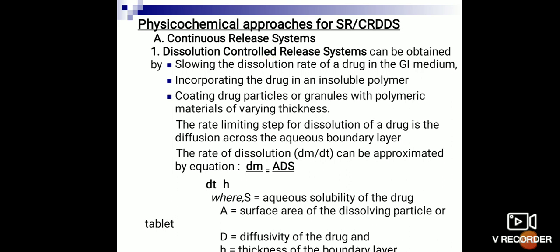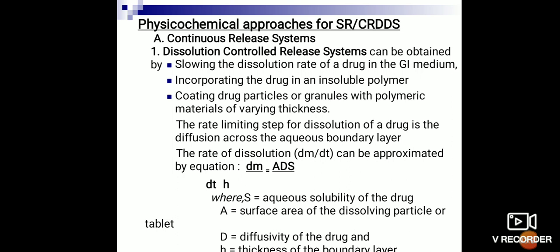It can be obtained by slowing the dissolution rate of the drug in the GI mucin, or incorporating the drug in an insoluble polymer, or coating the drug particles or granules with polymeric material of varying thickness. Here, the rate limiting step is the dissolution of the drug across the aqueous boundary layer.